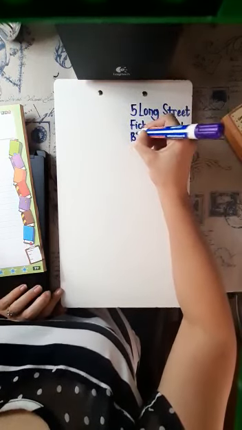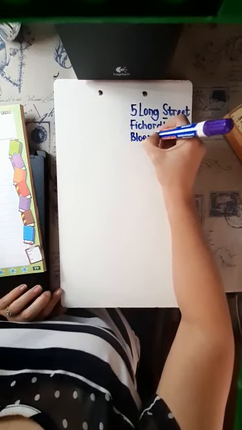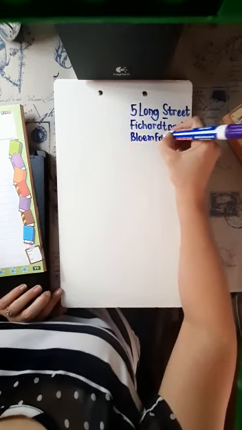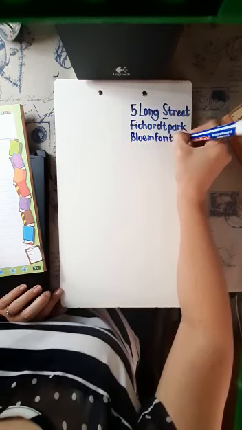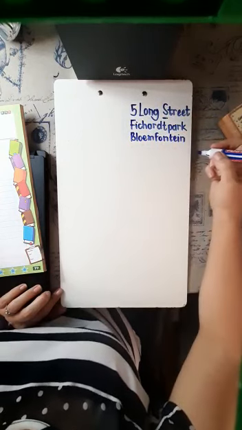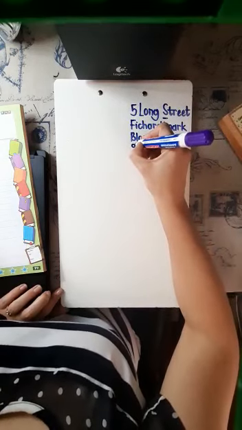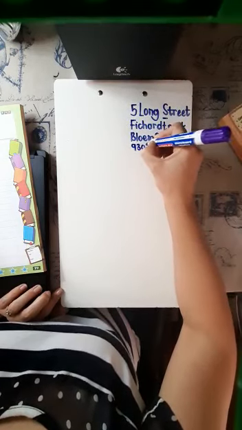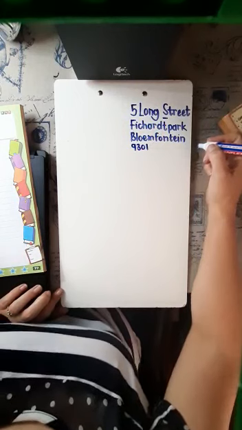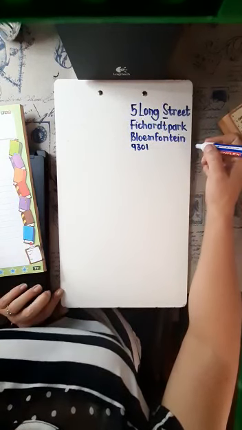In this case, it will be Bloemfontein. Then our fourth line is the postal code. Everybody can write down the same one, 9301.